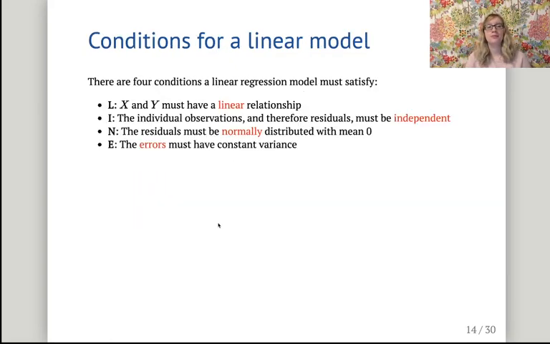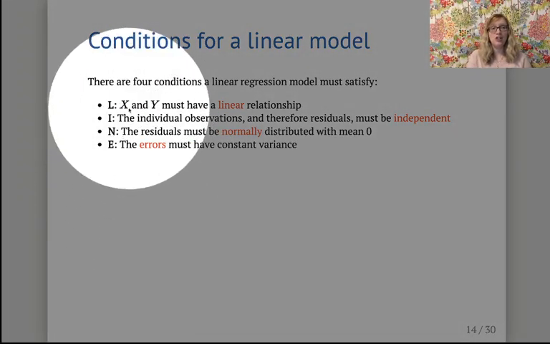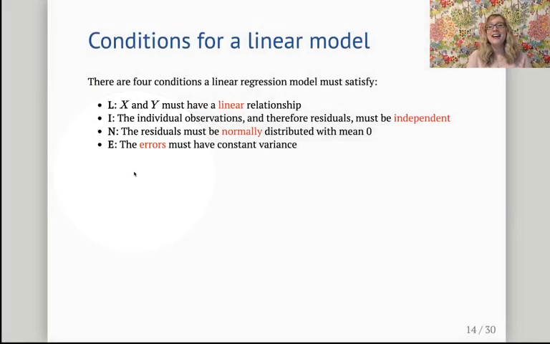So there are some conditions for the linear regression model, and you can think of these conditions as being the LINE conditions. There's a nice little acronym there for you. So the first condition, the L condition, is that x and y must have a linear relationship. We wouldn't want to use a linear model to predict a curved relationship. Second condition is that the individual observations, and therefore the residuals themselves, must be independent.